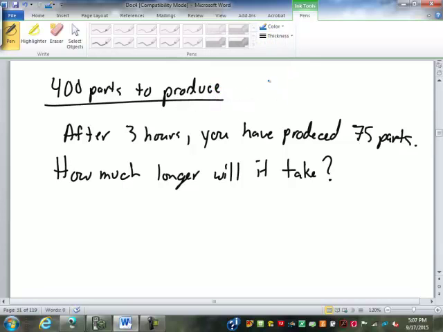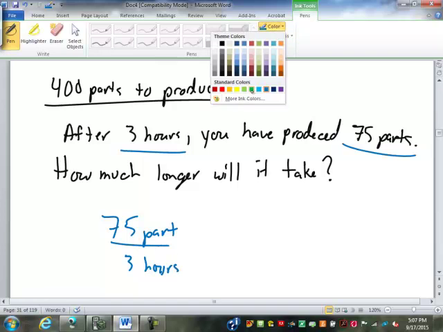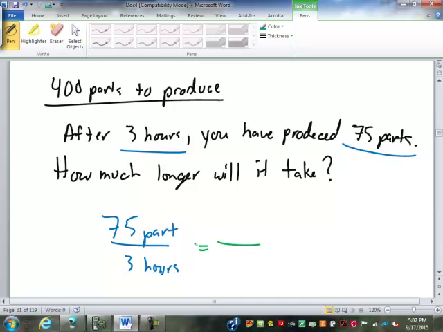So do we have a rate or a ratio here? We have a rate, 75 parts in 3 hours. Does it matter whether I put 3 hours over 75 parts? No, it doesn't. Good. On the other side, what do I need to put in there? Well, I'm asked how long. We're actually looking for the number of hours.